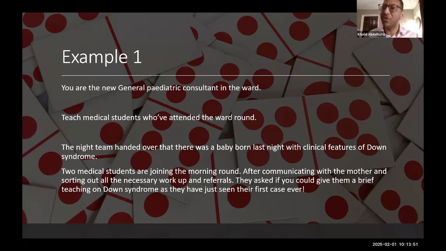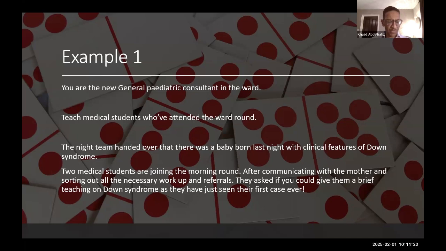Those moms will normally be screened during the pregnancy. There are a lot of tests that can be done during pregnancy just to pick up cases of Down syndrome, and there is a national program for screening, actually.